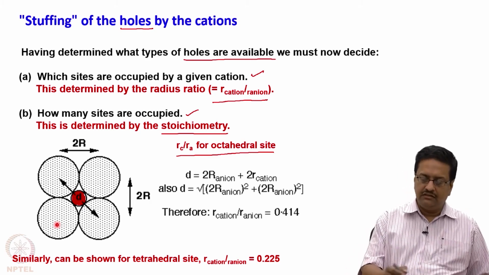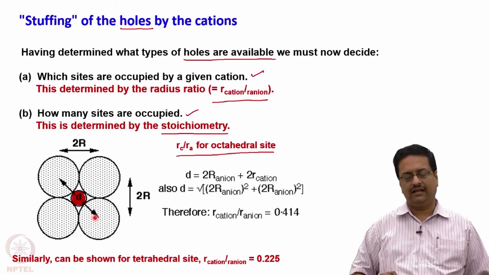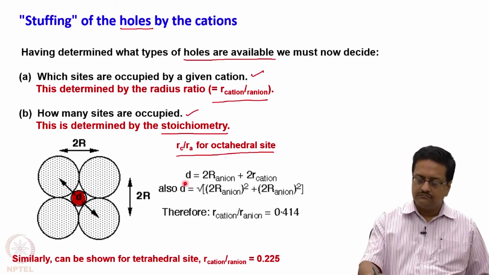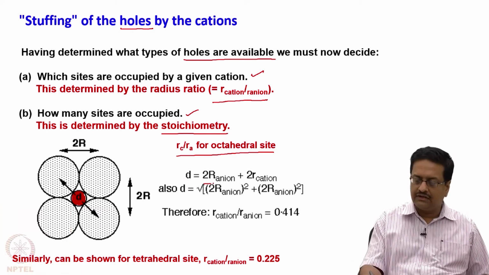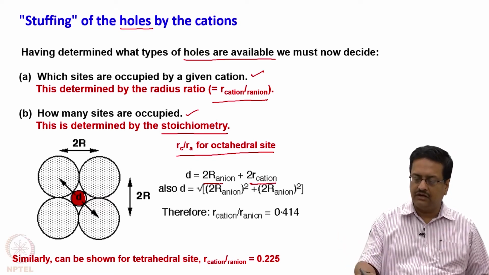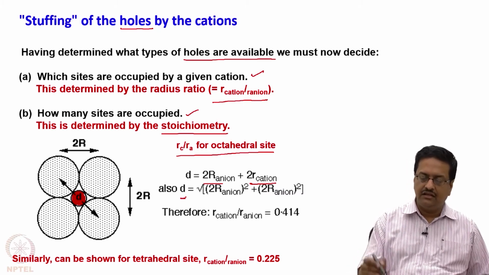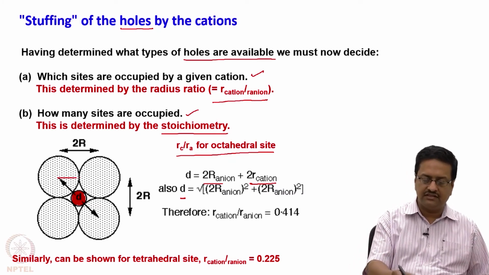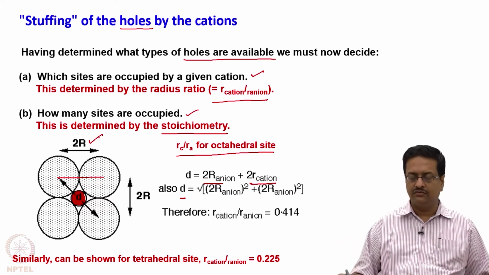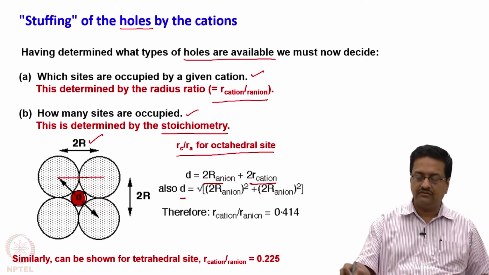So the distance d from the center of one anion to the center of another anion through the cation, that distance d is equal to 2r of cation plus 2r of anion. So once again, this distance d can be calculated as: the value d is the square root of (2r anion)² plus (2r anion)².